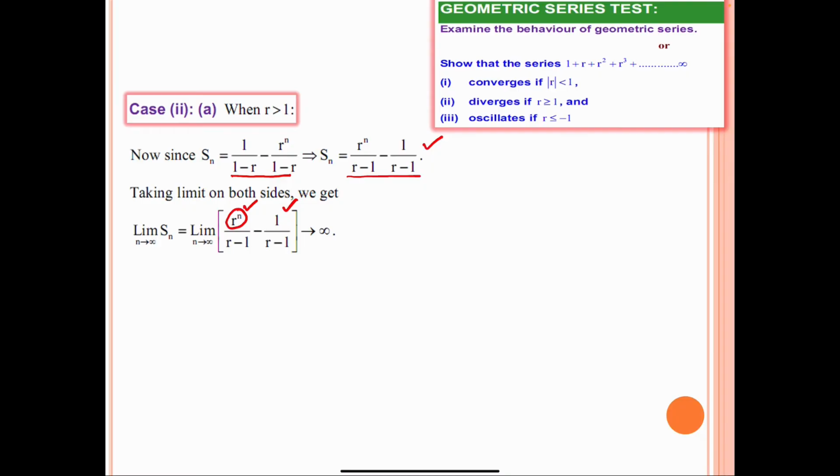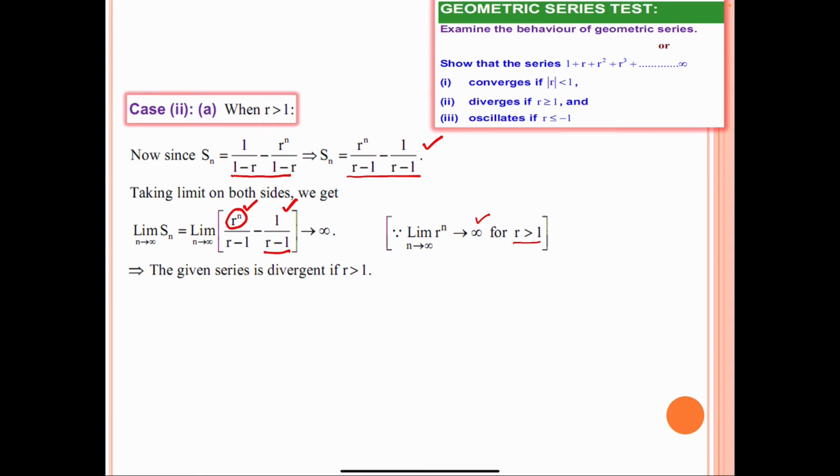Infinite minus something, infinite. So this tends to plus infinity. Reason is because limit n tends to infinity, r power n tends to infinity for r greater than 1. And you know, when limit n tends to infinity Sn tends to plus infinity or minus infinity, then the given series is divergent. Clear? So this series is divergent if r is greater than 1.